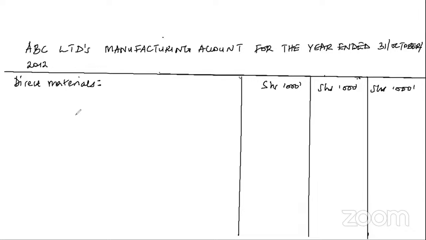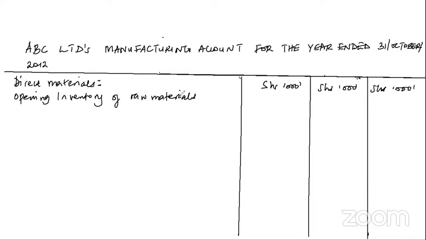Information about direct materials. So when you look through the question, you'll see that you need to get the opening inventory of raw materials.